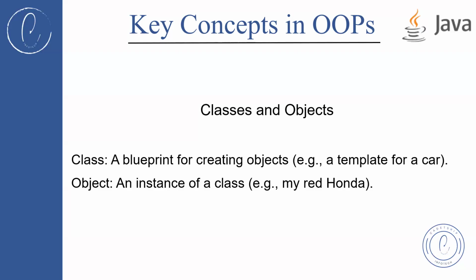The class provides a blueprint, a template for us, and the object is an instance of a class. Let's take one more example. We have to write details about different students. Then we can create a class, and the class name can be school.